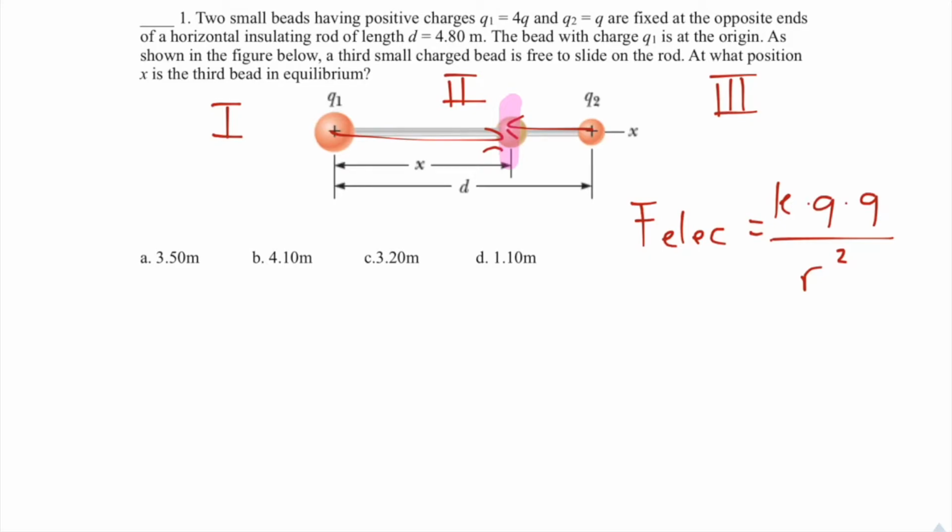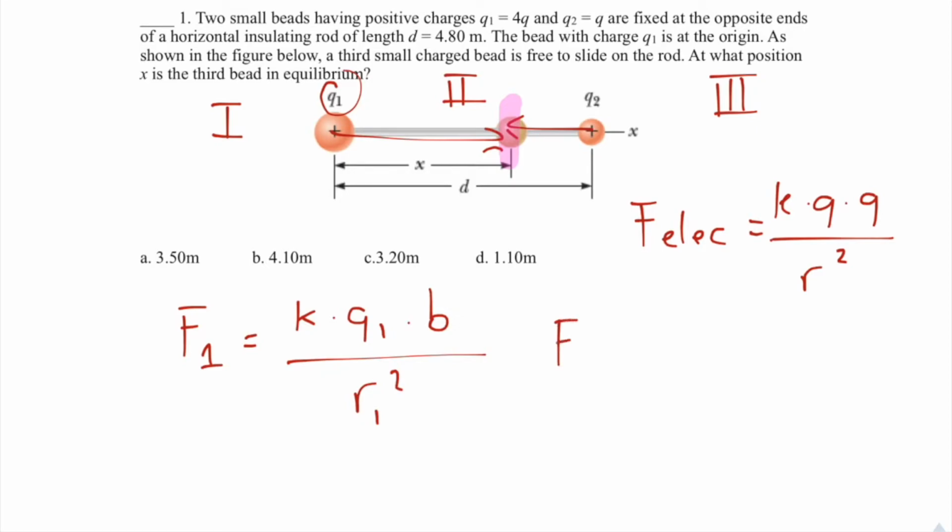And for force 1, which is what we'll call this Q1 on the bead, we've got the constant K times Q1 times the bead, which we'll call B, over the distance squared, which we'll call R1, because it's the distance between the origin charge Q1 and the small bead.